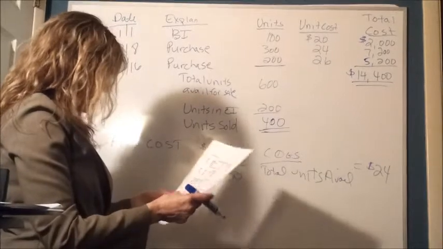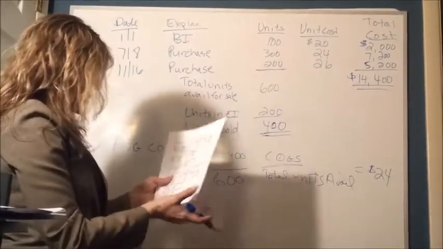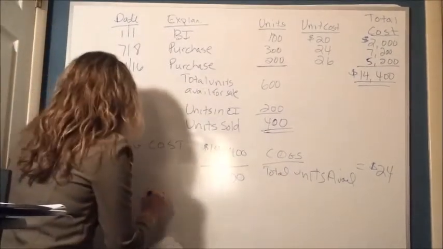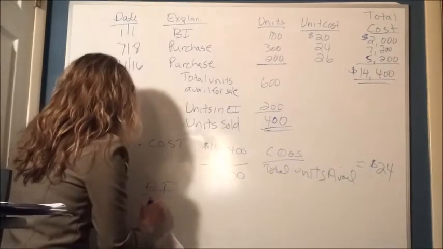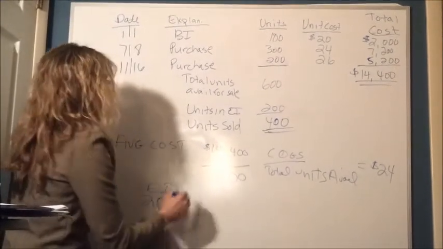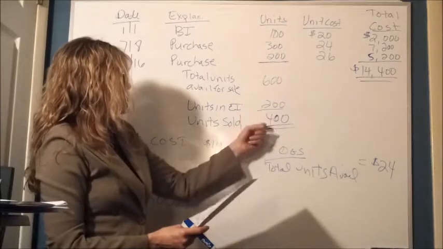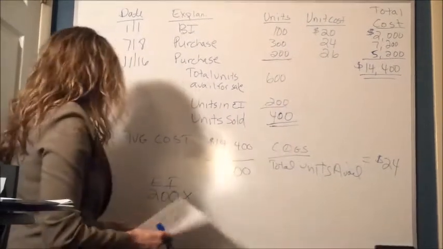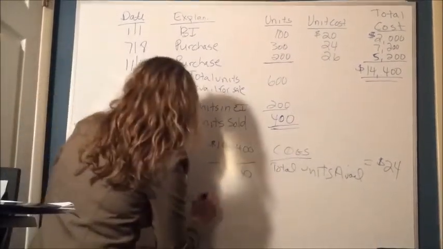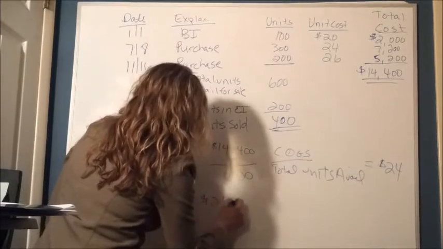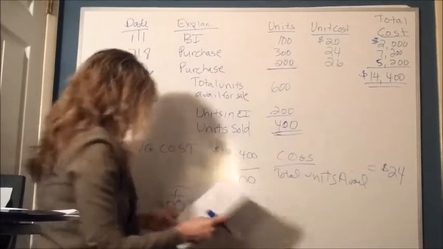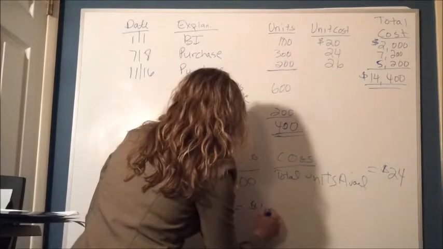Okay, that makes it much easier to figure out our ending inventory. Our ending inventory is 200 units, right? We had 600 and we sold 400, that leaves us with 200. So 200 times $24, so our ending inventory is $4,800.